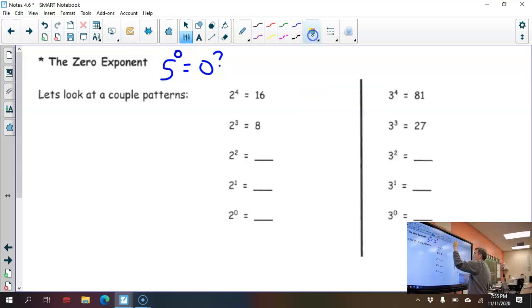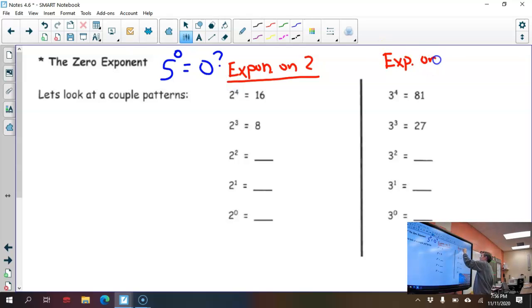Here we go. To show you, I want to look at a couple patterns. The two patterns we're going to look at is exponents on 2 and exponents on 3. So look at the pattern I have going here, right?